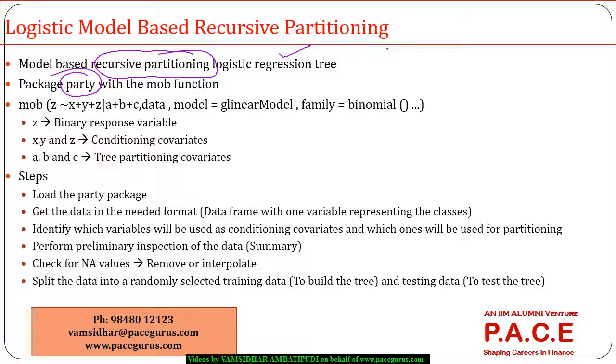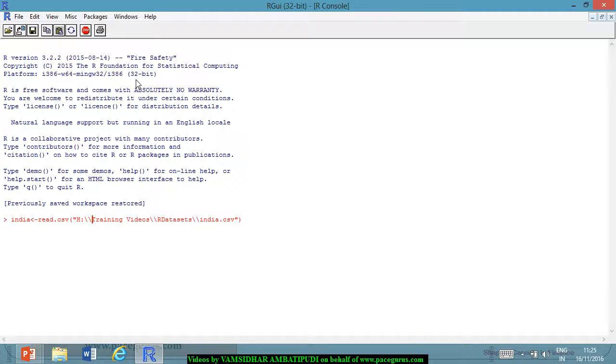The logistic model based recursive partitioning also can be done using the party package, but we will use the mob function there instead of the typical ctree function that we have used for the conditional inference classification tree. So I think that library should already be there.